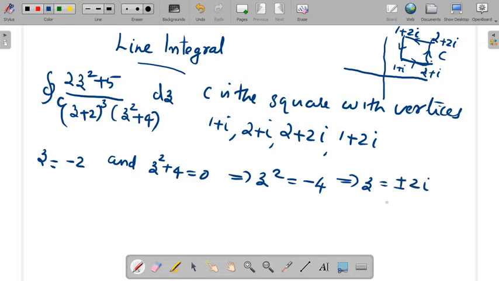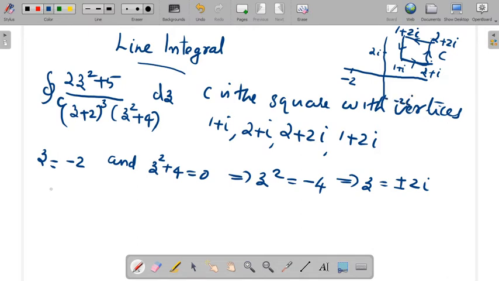So the points where the function is not analytic: z is equal to minus 2, obviously outside the curve C, and z equal to plus or minus 2i. Both lie on the vertical axis. This is 2i, this is minus 2i.